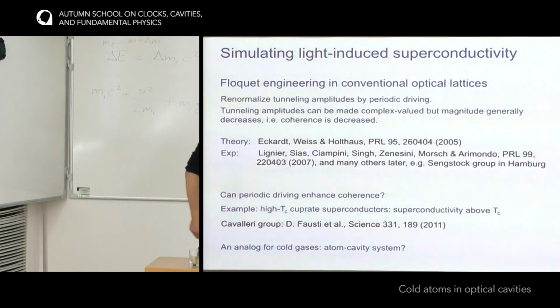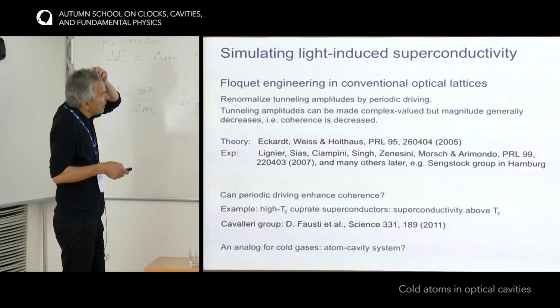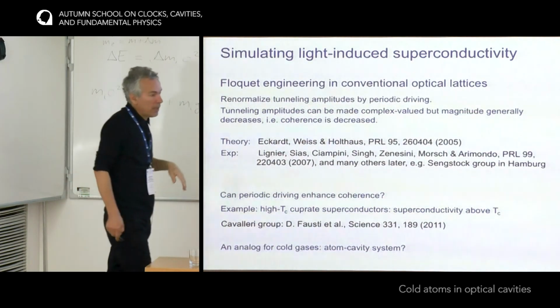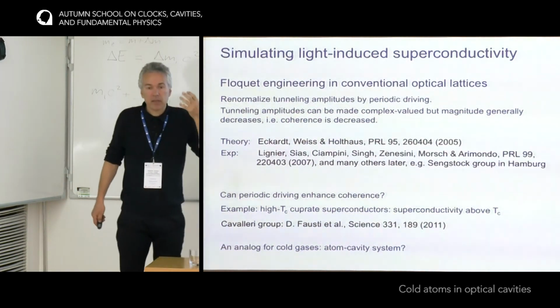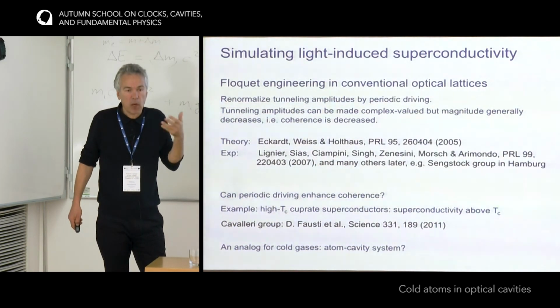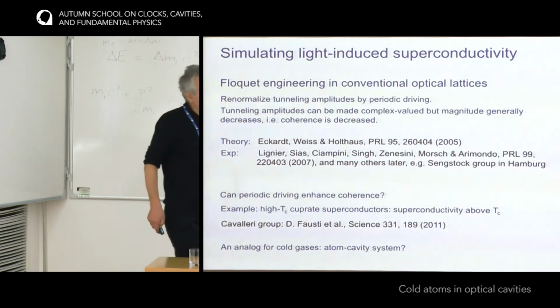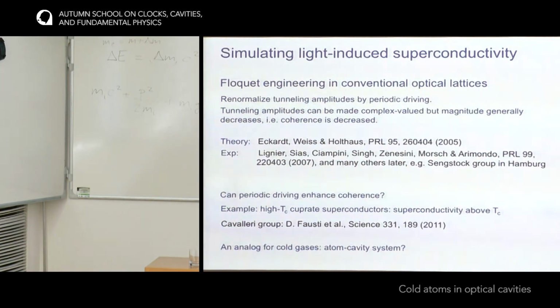And one thing that has been done with conventional optical lattices by these people here is to show that by modulating this lattice you can tune a superfluid lattice into a Mott insulator, for instance, just by shaking in the right way. Yeah, that's something that many people use.